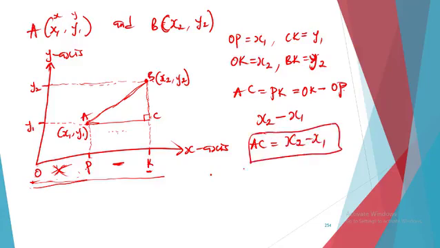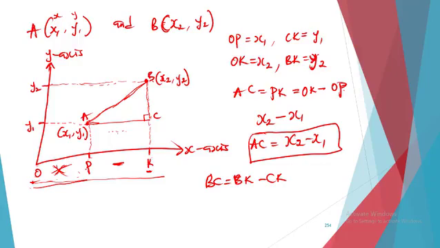We've proven that. Okay, similarly, line BC is equal to line BK minus CK. Line BC is equal to line BK minus line CK.